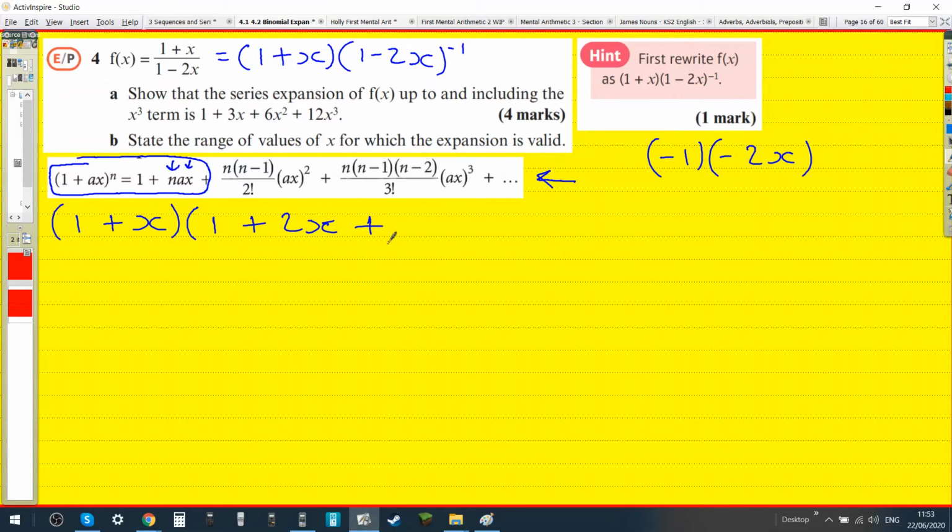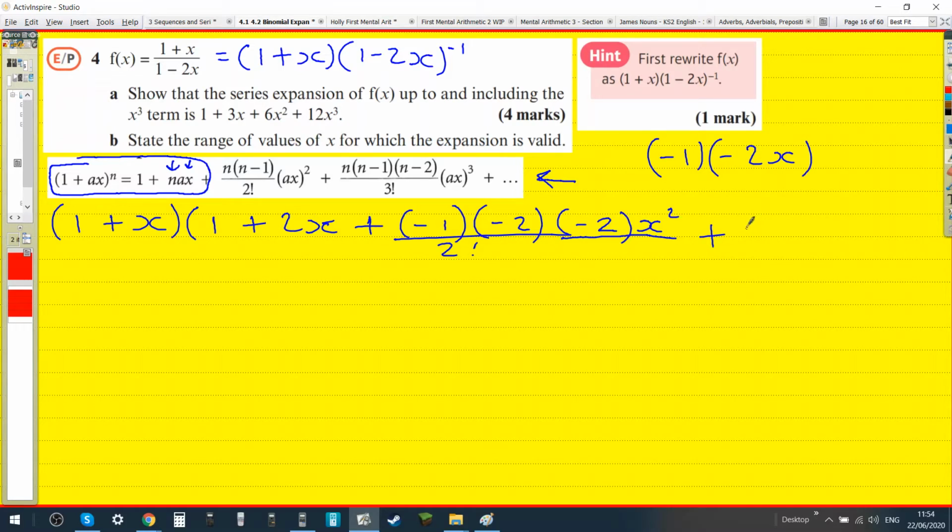Okay, so plus 2x plus, and then minus 1 times minus 2 over 2 factorial, and so a is minus 2, so it will just be minus 2x squared. I'm going to put the x squared on the outside, just so all that goes in the calculator later.